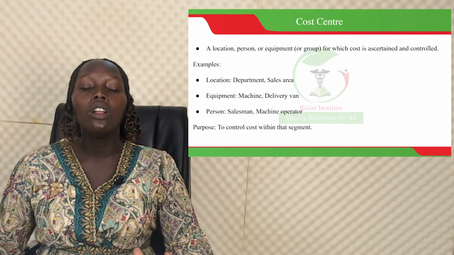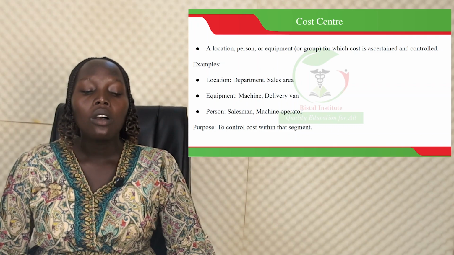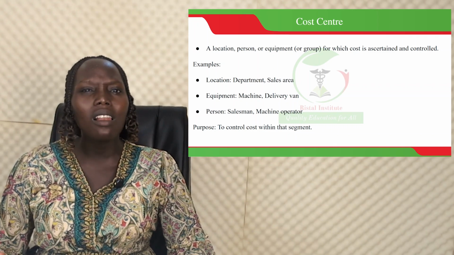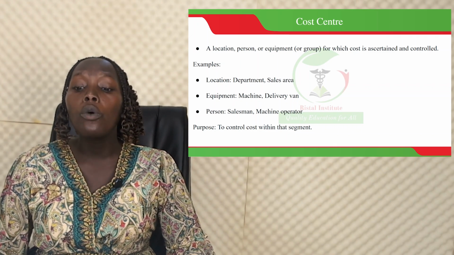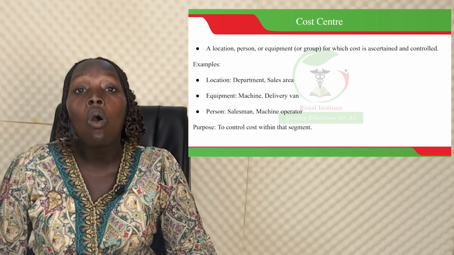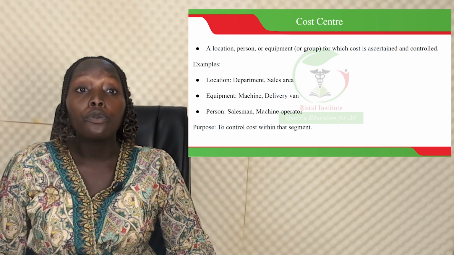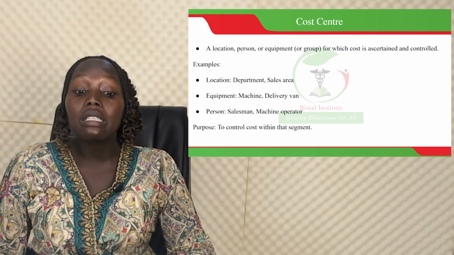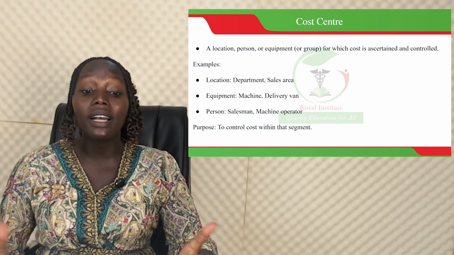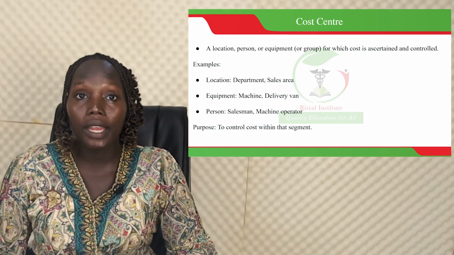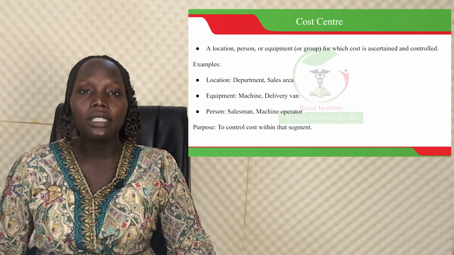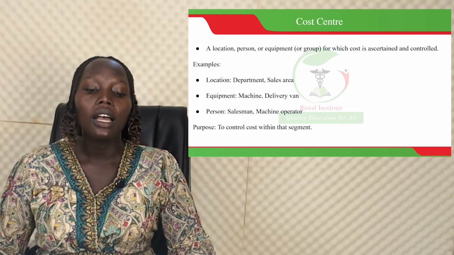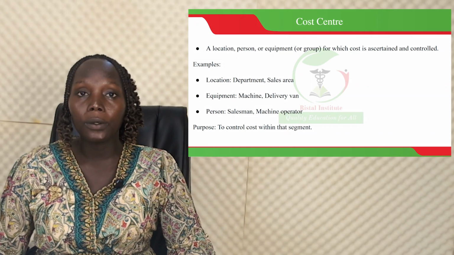So we have what we call a cost center. A cost center is a location, person, or equipment for which cost is ascertained or controlled. For location, we have the department and the sales area where you sell.